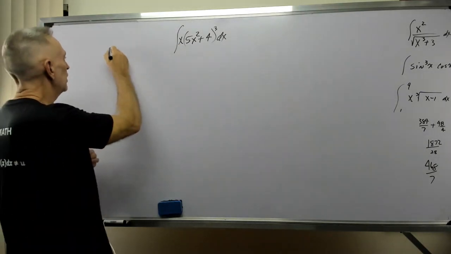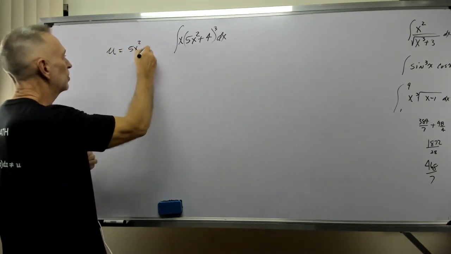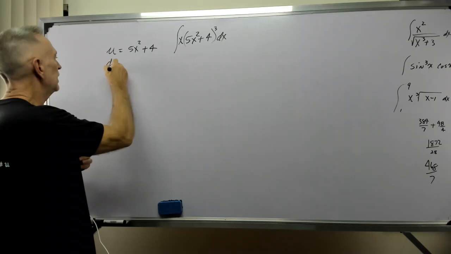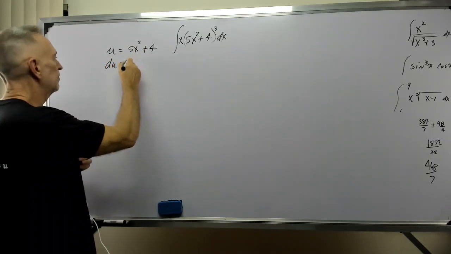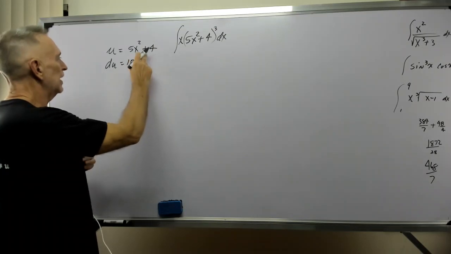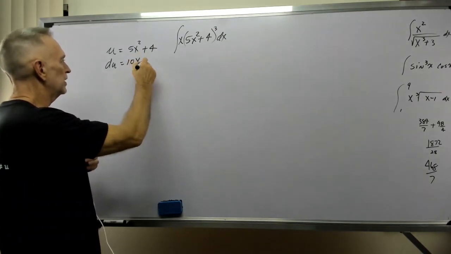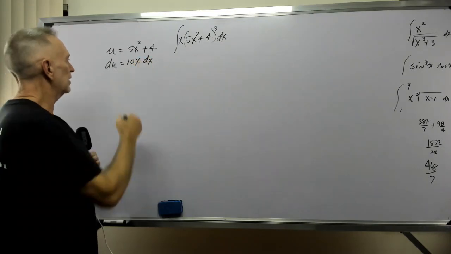Okay, so let's let u equal 5x to the 2nd power plus 4. du equals 2 times 5 is 10, x to the 2 minus 1, so that's 10x, plus the derivative of 4 is 0, times the derivative of that x. There's dx.